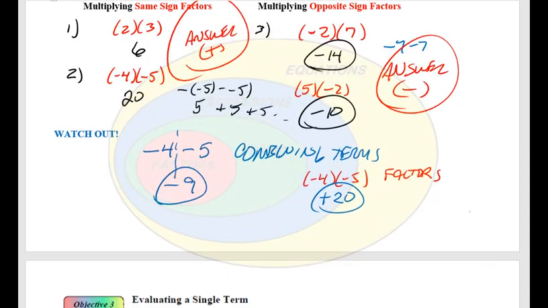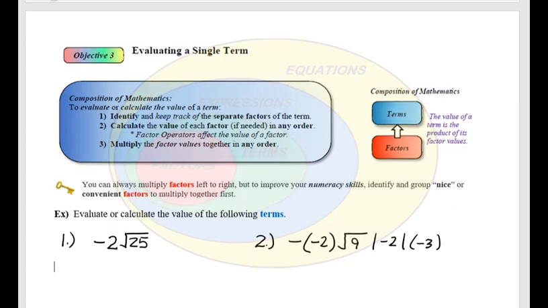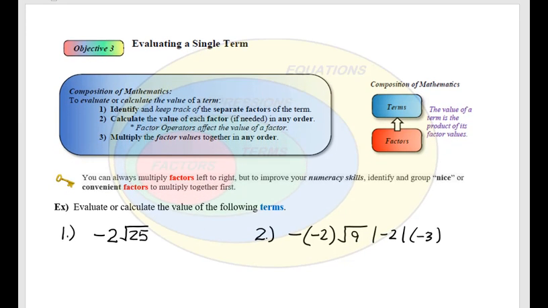So let's go down and now practice this. How do we evaluate a single term? A couple of key things: the value of a term is the product of its factor values. So the key concept here is I can multiply factors in any order, but I'm trying to multiply the factor values together that are convenient.